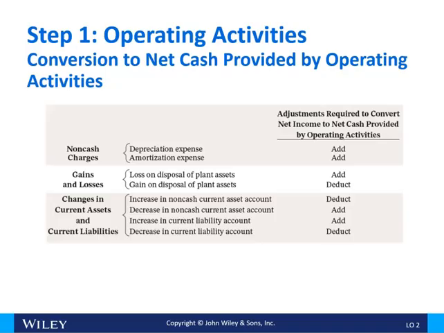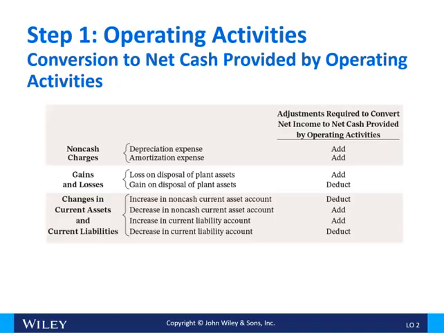Another way to remember what we do with the current asset and current liability accounts is to think about what is going on in that account. So an increase in a current asset account gets the current assets increase with a debit. If we assume that the other side was cash, if we debit current assets, we're going to have to then credit cash.